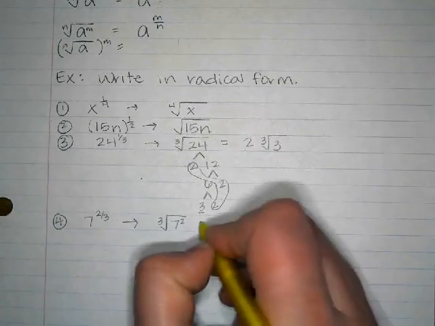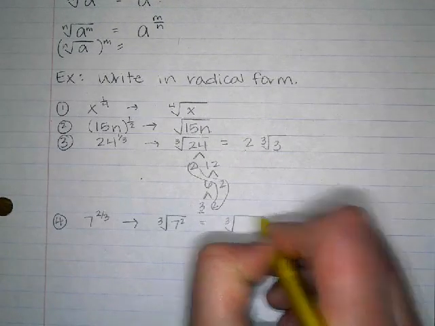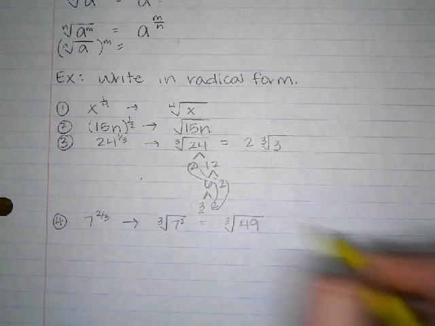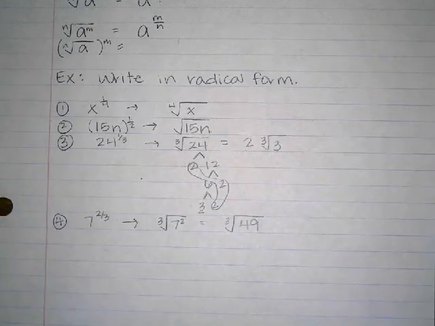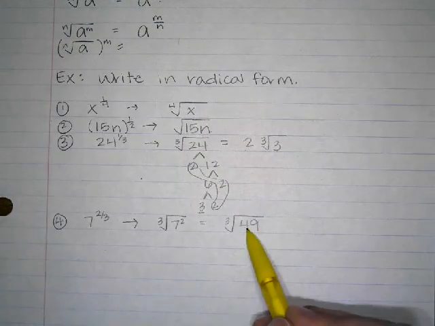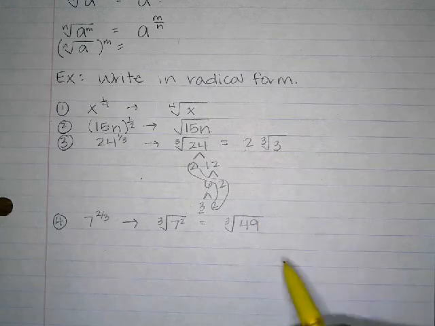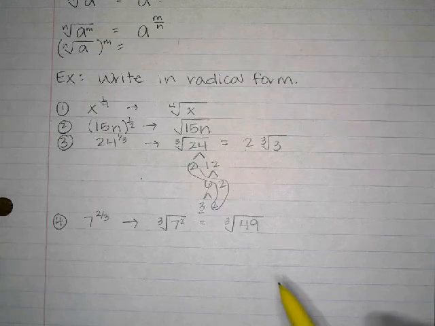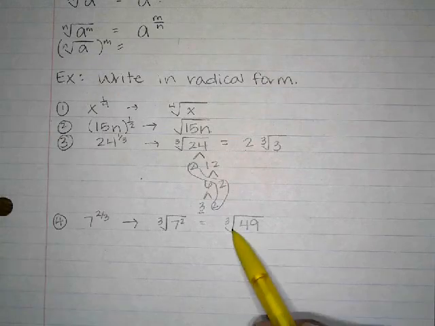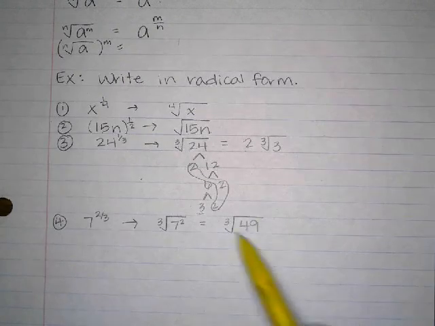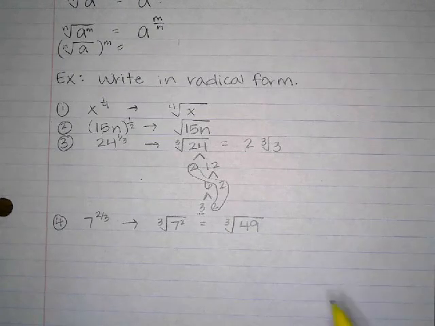So this is the cube root of 49. If we were to break down 49, would it be something that we could simplify within a cube root? No. If we broke it down, it would be 7 times 7. That's a pair, not a triple. And so it's not beneficial for us to do that in this situation. So cube root 49, I'm going to leave it just like that.